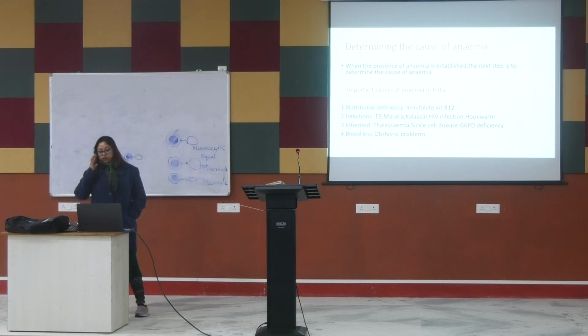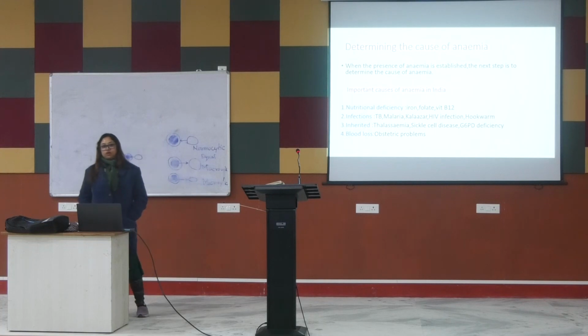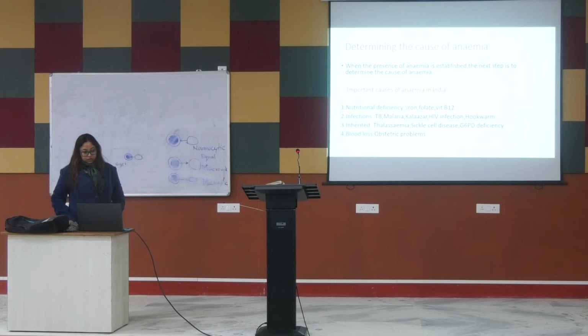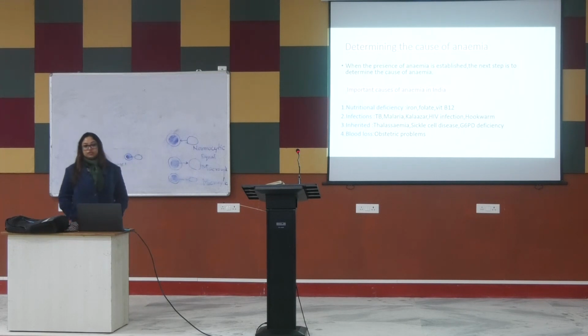Number 2, a few infections like TB, malaria, kala-azar, HIV infection and hookworm infestation all cause anemia. Number 3, inherited, that is inborn, thalassemias, very common. Sickle cell disease, which I just talked about. G6PD deficiency. All are inherited forms of anemia.